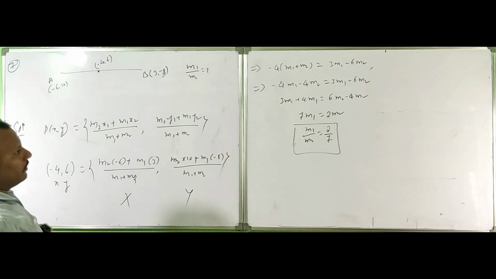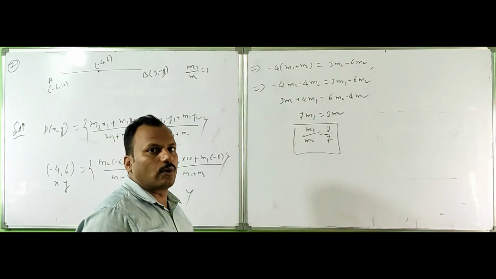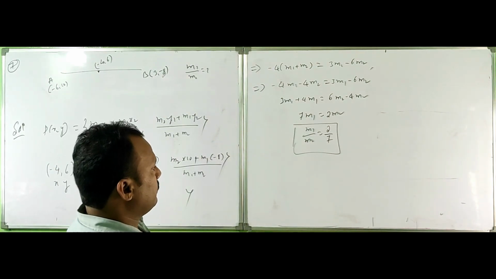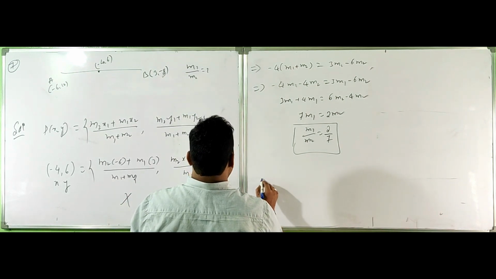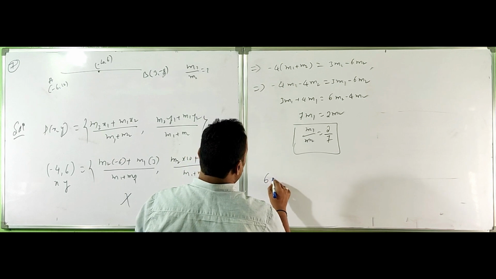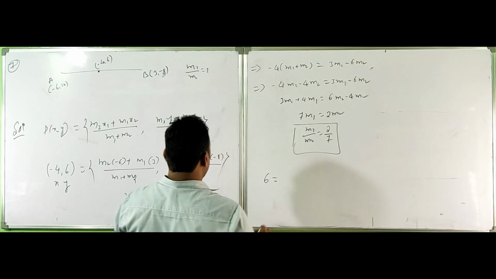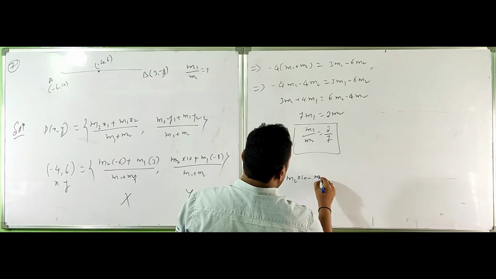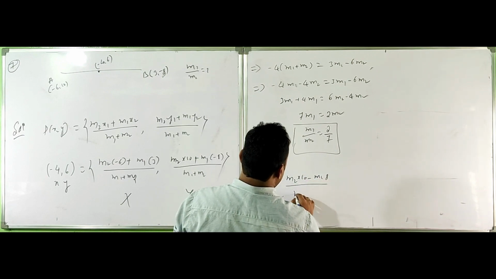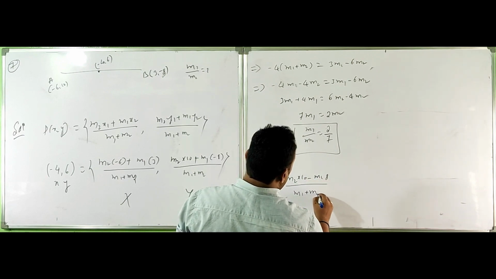They also gave the y coordinate, so let's check whether it is satisfied. What is y here? Y is equal to -6. The condition is m2 into 10 minus m1 into 8, by m1 plus m2.